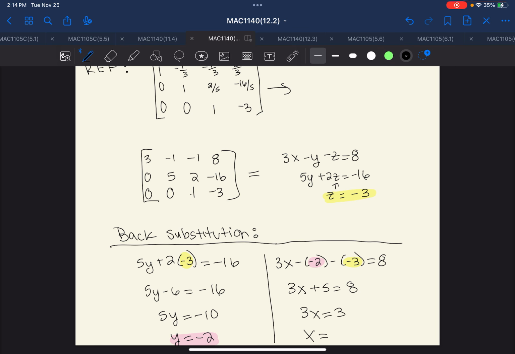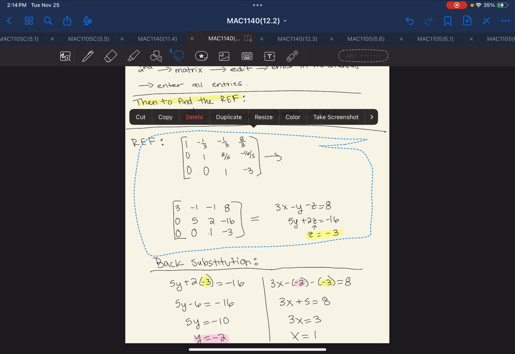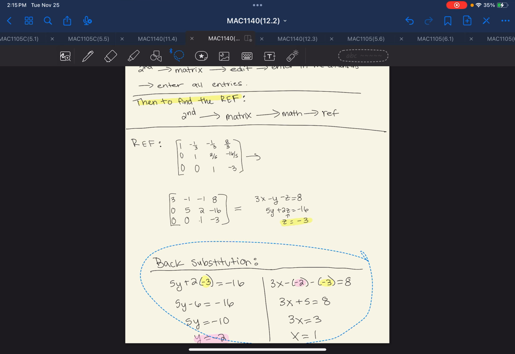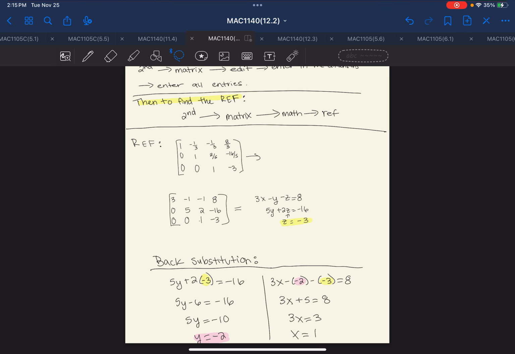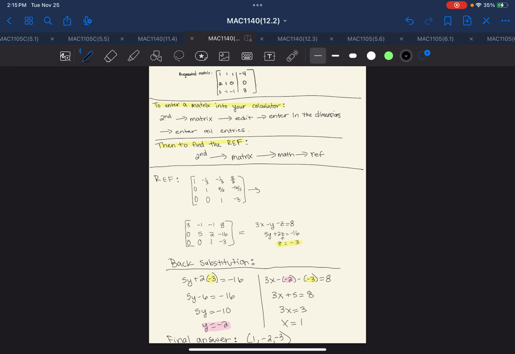So therefore, the final answer would be the point (1, -2, -3). So that would be the solution to this system.